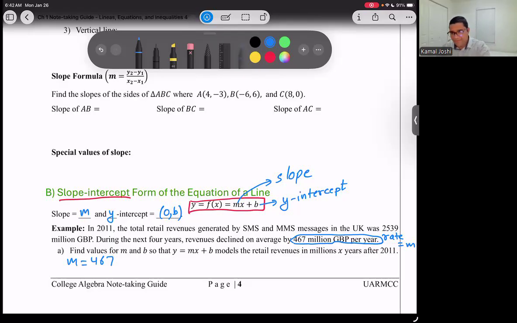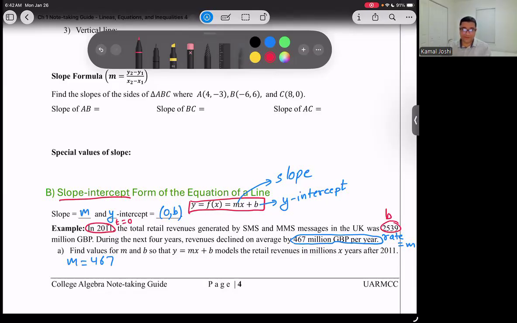And the 2,539, this one was in 2011. So this in 2011 would correspond to when the time is 0, the initial value. I wrote t, but for us it's x. So this quantity here is the y-intercept.